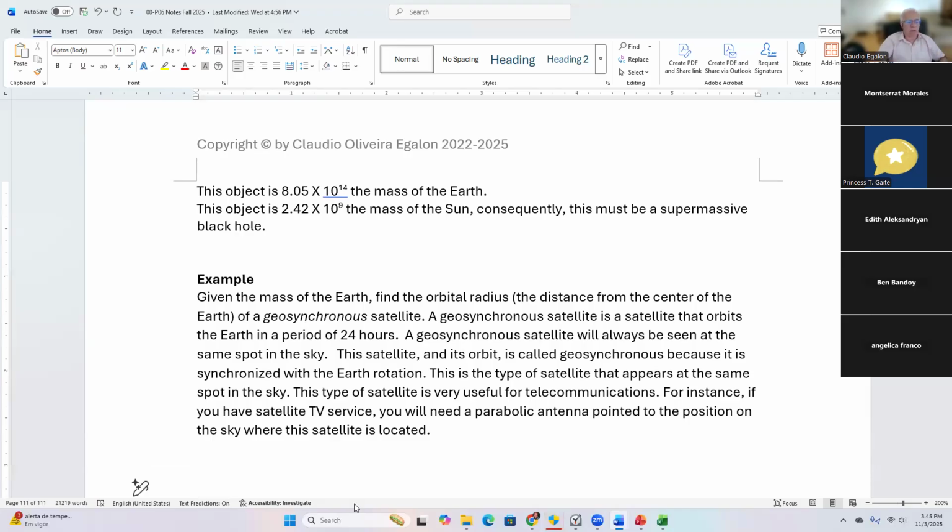so there are a bunch of geosynchronous satellites in orbit. Let's take a look. It was Arthur Charles Clarke, the science fiction writer, the guy that wrote 2001, and 2010, which ended up being a movie, two different movies.